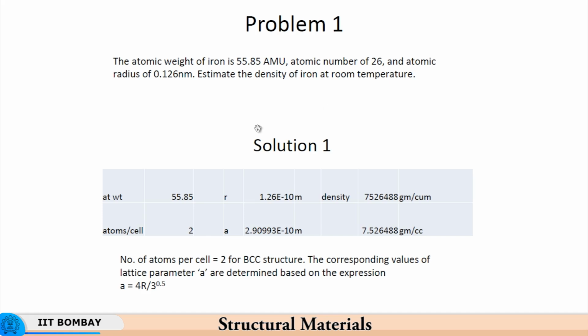Okay. So based on that, the molar volume has to be found out. So volume per mole means A cube into the number of cells which are available. Number of cells available are half of Avogadro number.